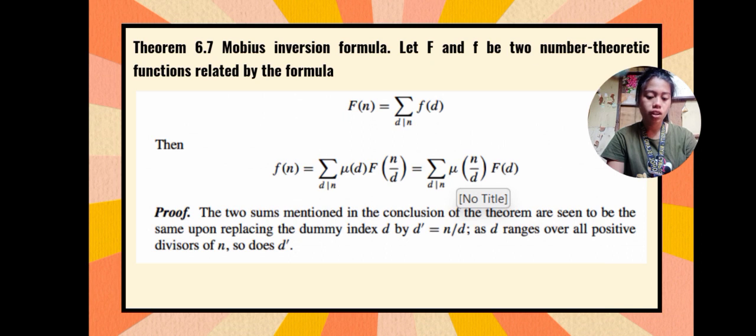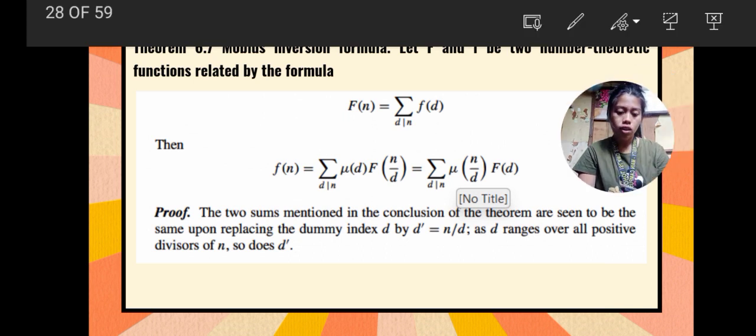If the capital F is multiplicative, then the small f is also multiplicative. We have to prove that n = d times d', so d' = n/d.